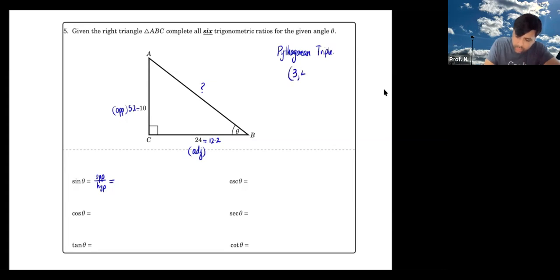It's 3, 4, 5. We talked about this one. 3 squared plus 4 squared, so 9 plus 16 equals 5 squared, 25. But the one I'm considering for this problem is 5, 12, 13. This is the next common one. Remember this?